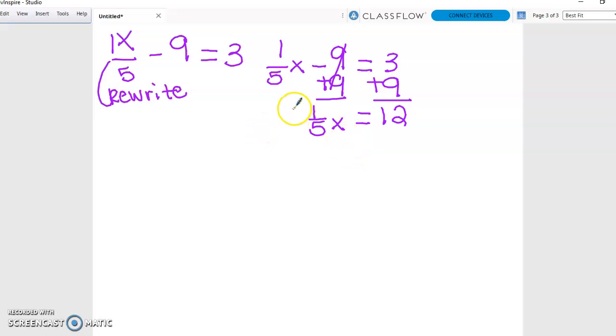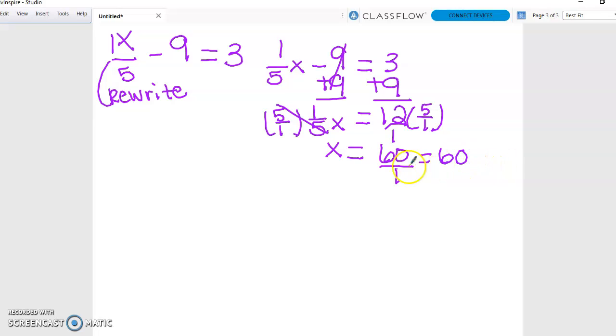So remember, we're just multiplying by the reciprocal. Easy peasy. Multiply by the reciprocal. You just can't forget the steps. These cancel. All I have left on this side is x. 12 times 5 is 60, over 1. 1 times 1 is 1, which is just 60. So you don't have to write the fact that it's over 1. You can just write 60, okay?